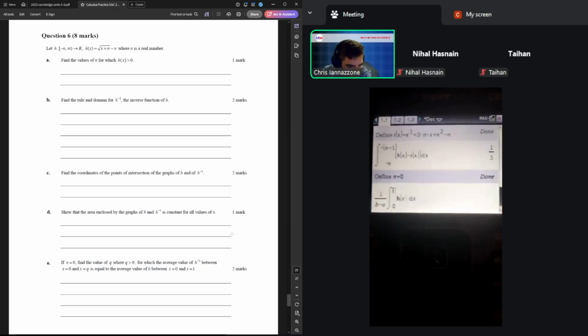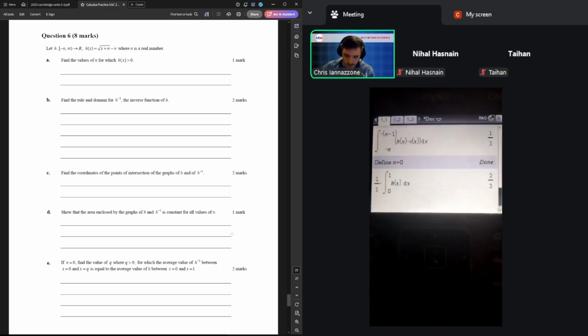So it said do it from 0 to 1. That is a distance of 1. So we are trying to target an average value of 2/3 for the inverse function's average value, because the whole idea is to say average value of inverse equals average value of original.